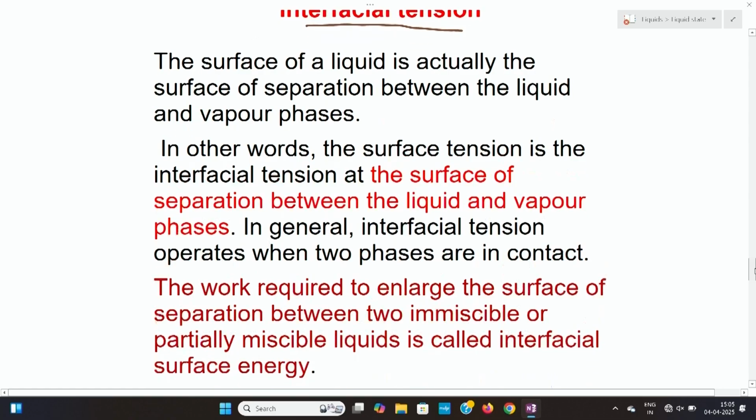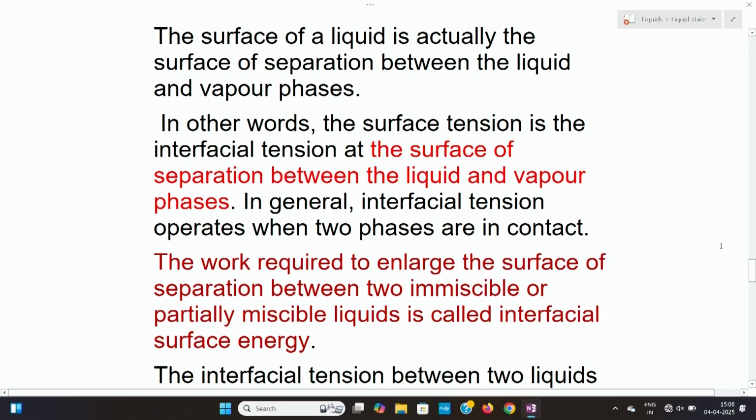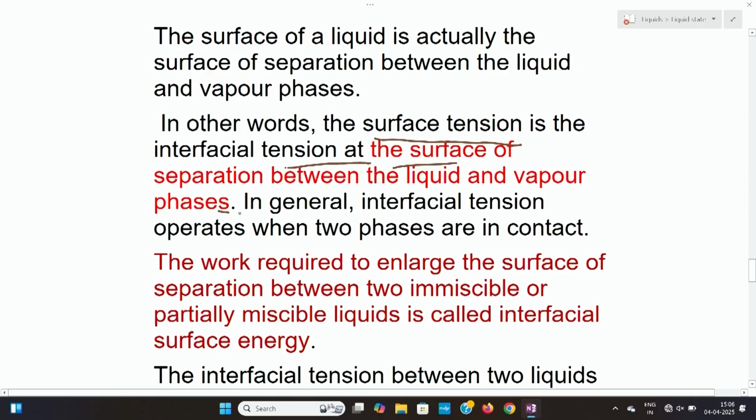If we define surface tension in terms of interfacial tension, the surface tension is the interfacial tension at the surface of separation between the liquid and vapor phases.